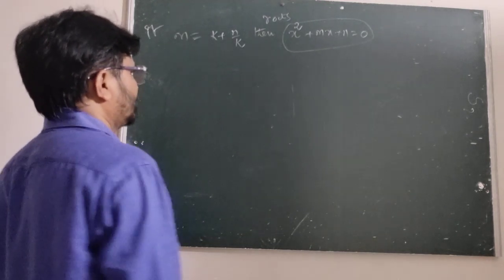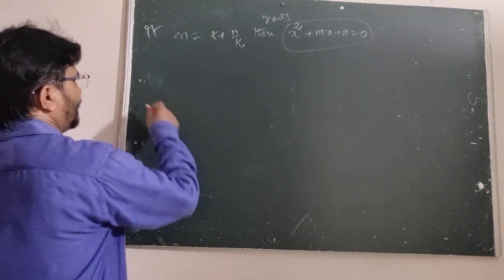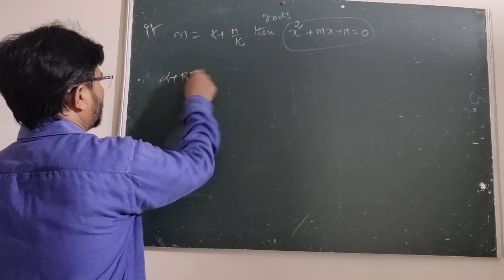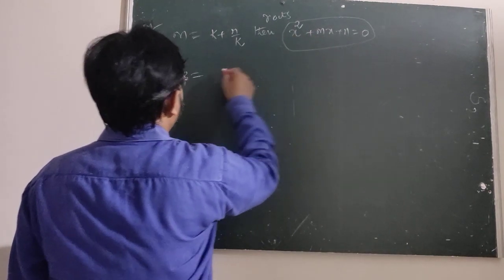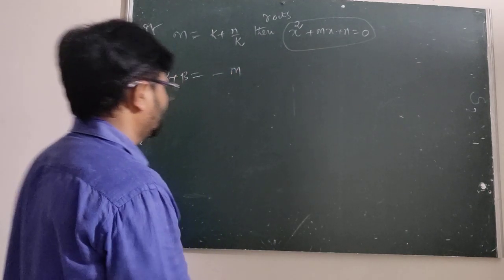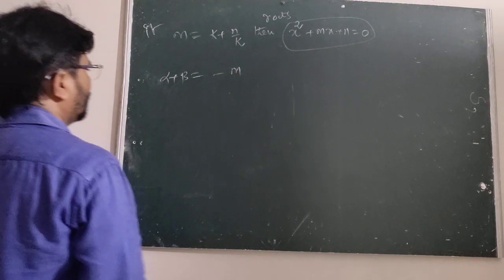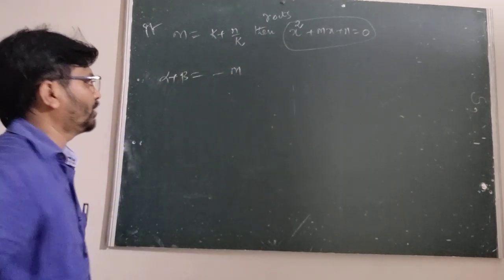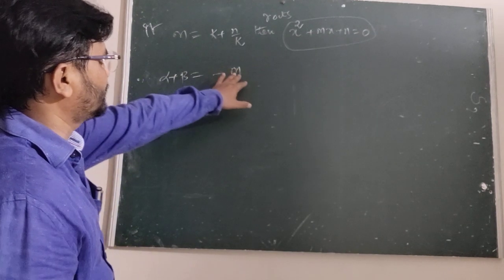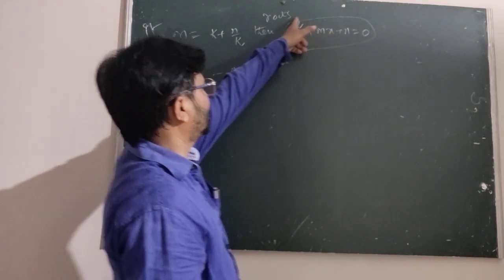So here we know that alpha and beta are the roots of the equation. Alpha plus beta is minus b by a, that is minus m.